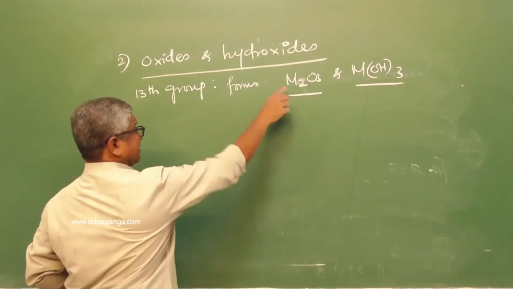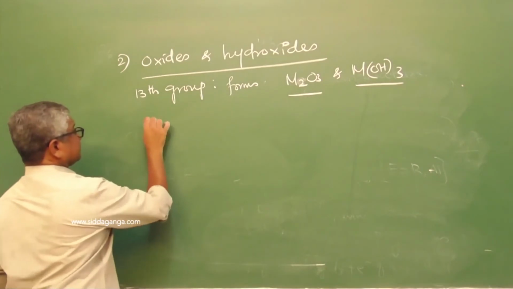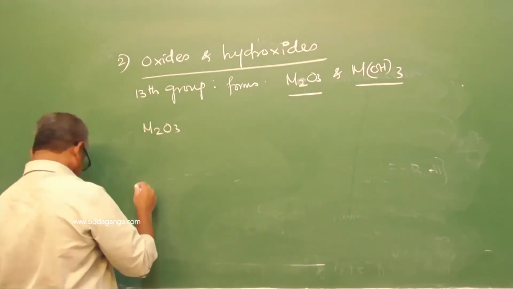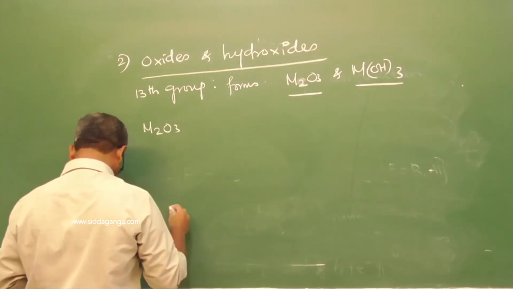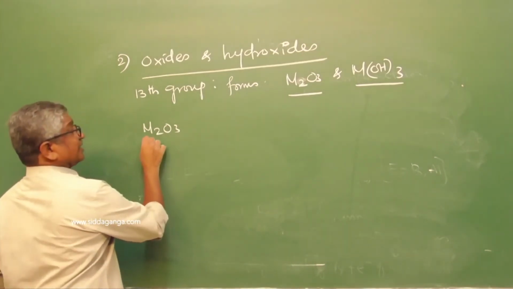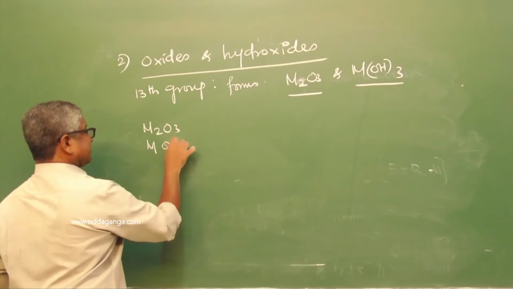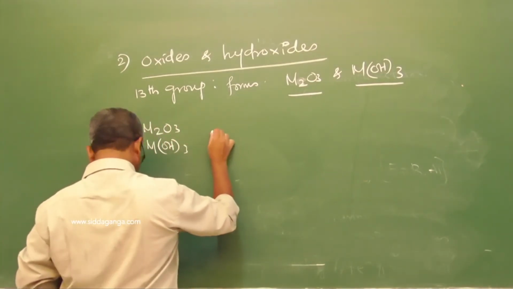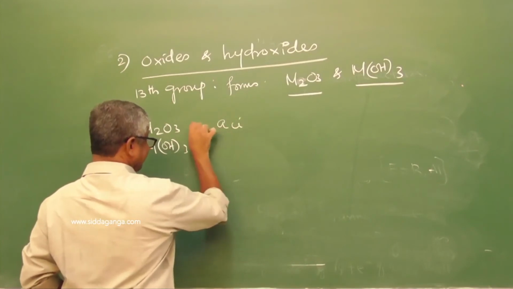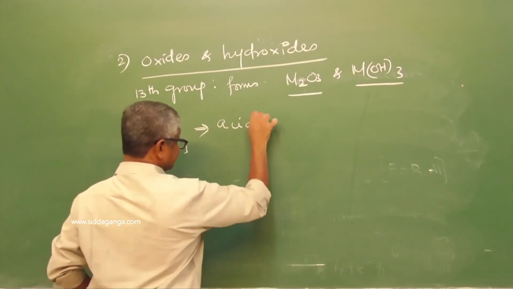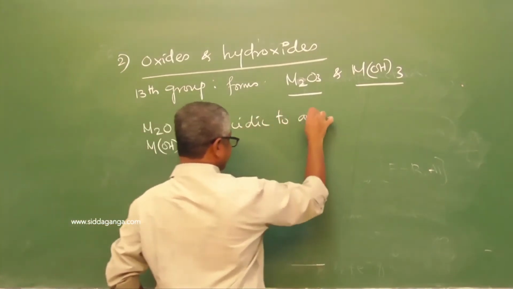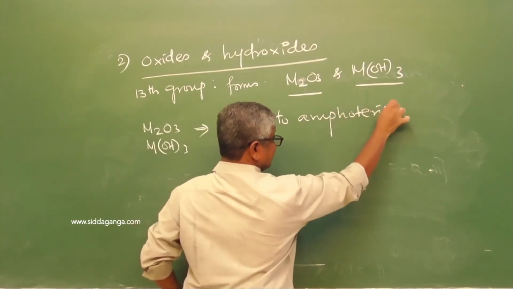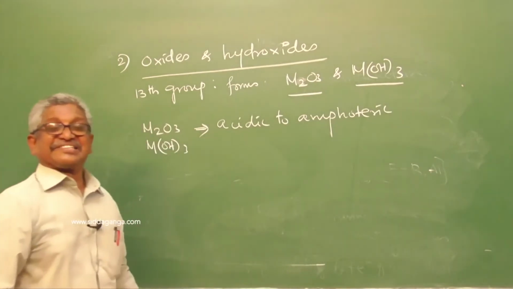The nature of these M2O3 and M(OH)3 goes first from acidic to amphoteric. Amphoteric means it reacts with both acid and base.